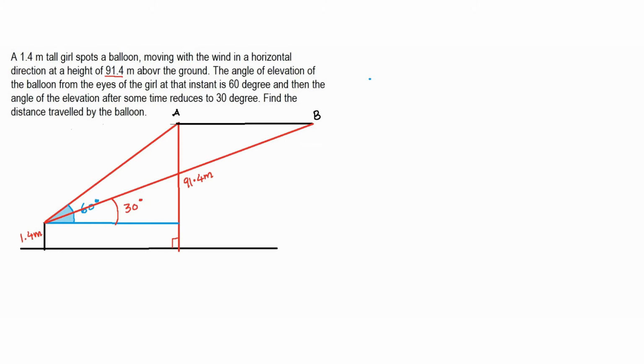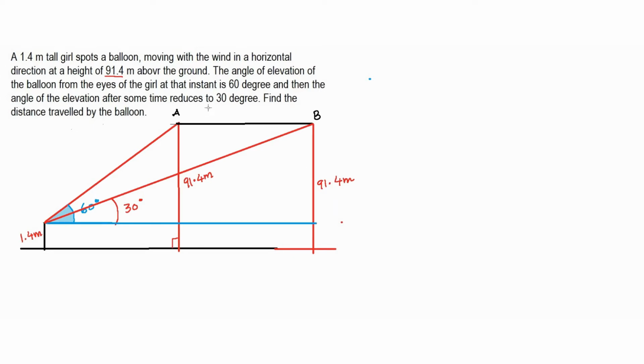We have to find the distance traveled by the balloon. Because the balloon is moving horizontally, the height of the balloon at point B is also going to be 91.4 meters. So this total height is also 91.4 meters. And of course, I can extend the normal line of sight. This is the normal line of sight.